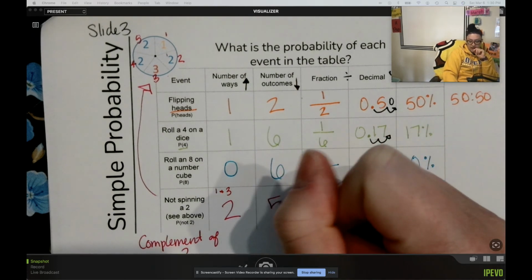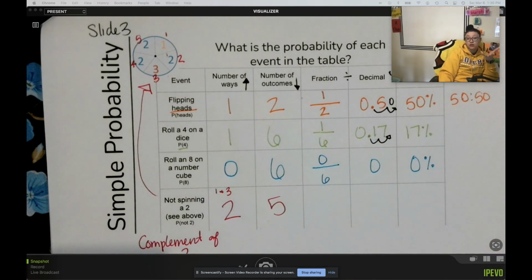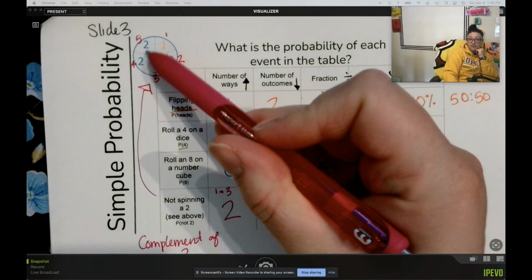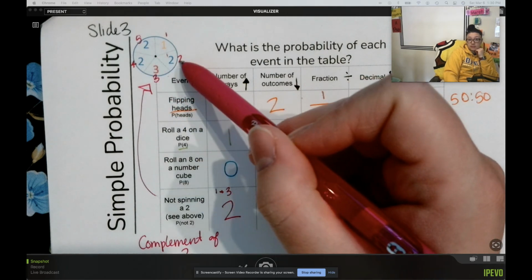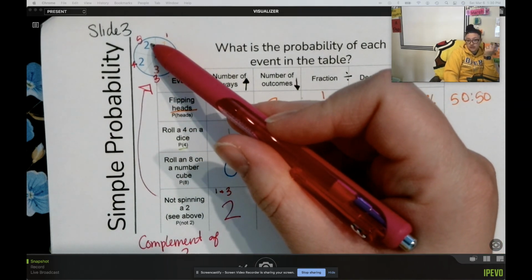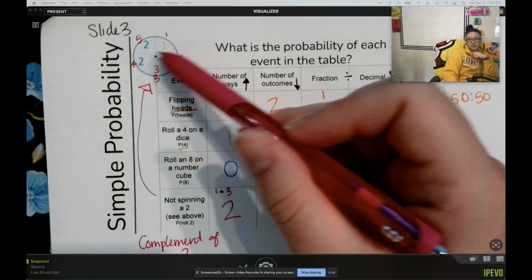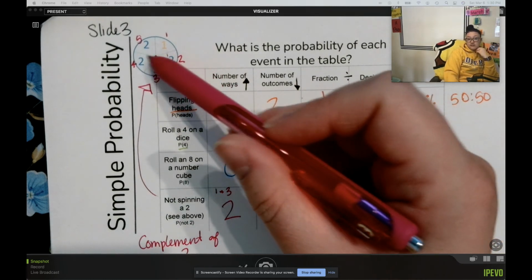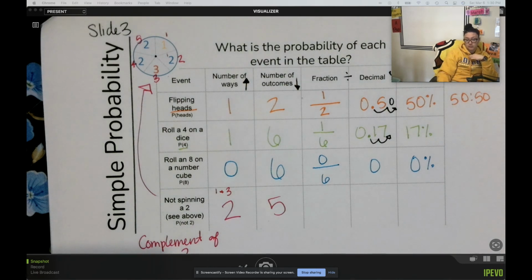So there are 5 outcomes that we could get on that spinner. Yes, some of them are multiples. But this 2 is different than that 2 is different than that 2. They're in different places. So each of them still counts as separate outcomes.